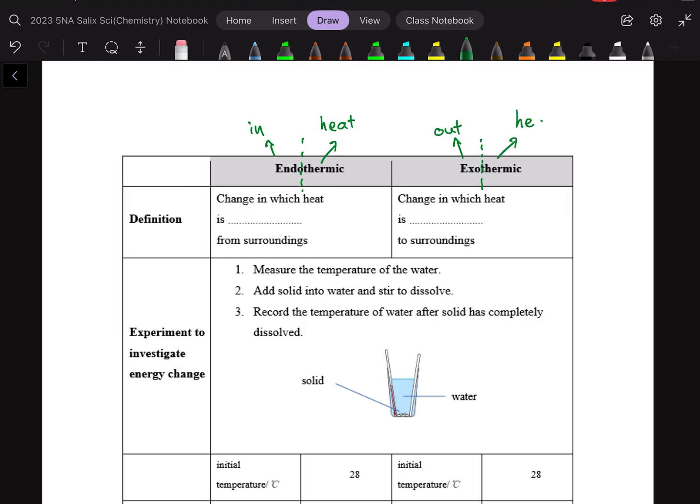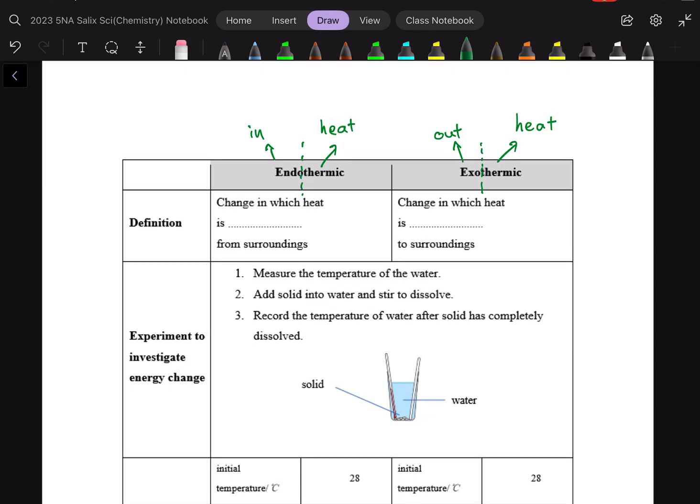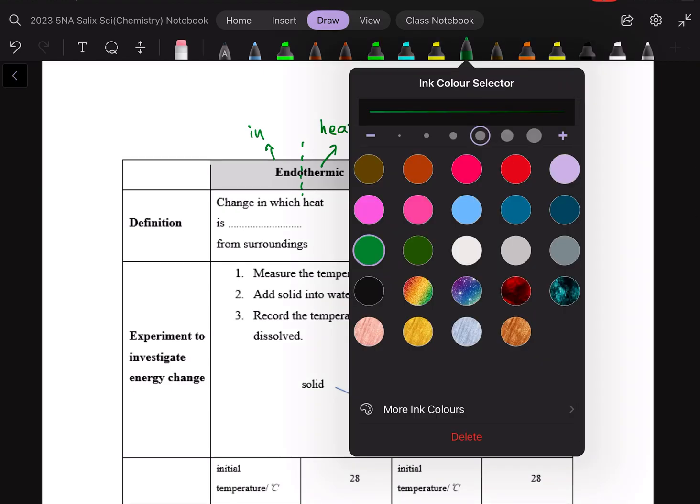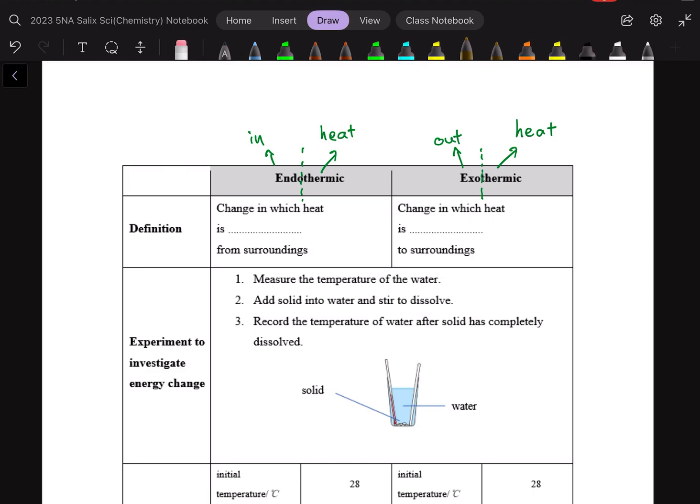Then thermic means heat. So endothermic is a change in which heat is taken in from the surrounding. Exothermic means a change in which heat is given out to the surrounding.